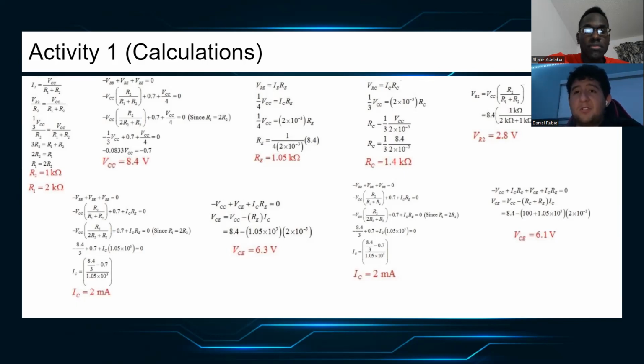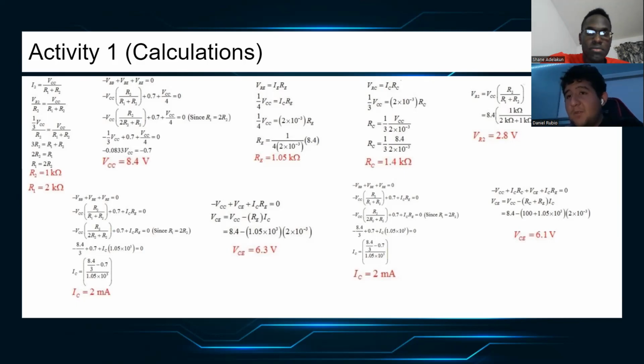Now going to the right, we have VCC 8.4 volts based on the calculations done above. And we have RE 1.05K ohms, given the calculation above.